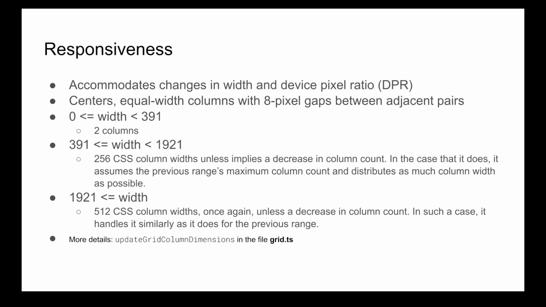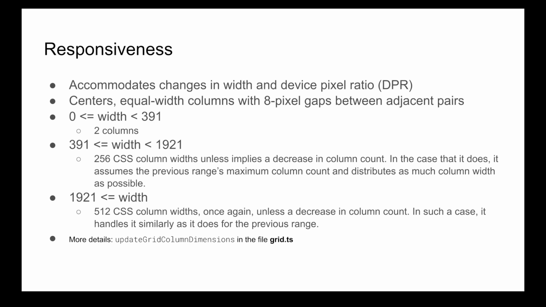For visual viewports that are equal to or greater than 1,921 pixels, it allocates a width of 512 CSS or logical pixels with a similar caveat as the previous range. In other words, if the implied column count is less than the maximum column count of the previous range, then we'd want to resort to using that column count and allocate the corresponding maximum amount of column width.